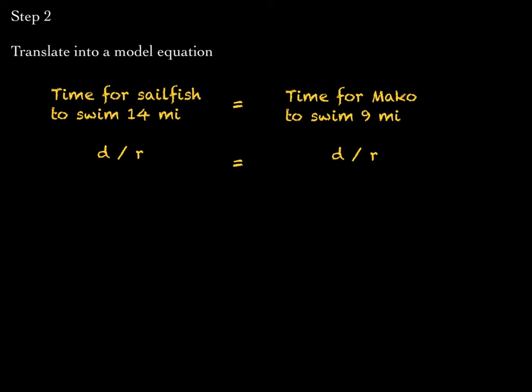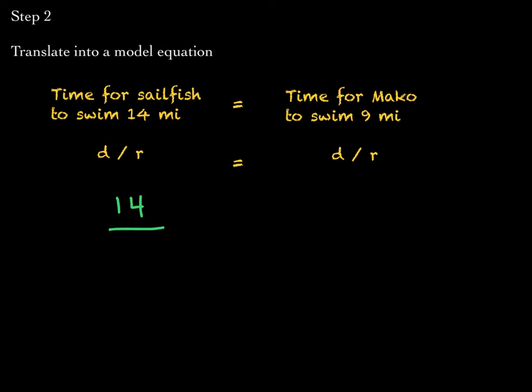So we have this time, remember time is equal to d over r, so this time must be equivalent to this time. So here for the sailfish, the distance is 14 miles. Allow me to punch that in there.